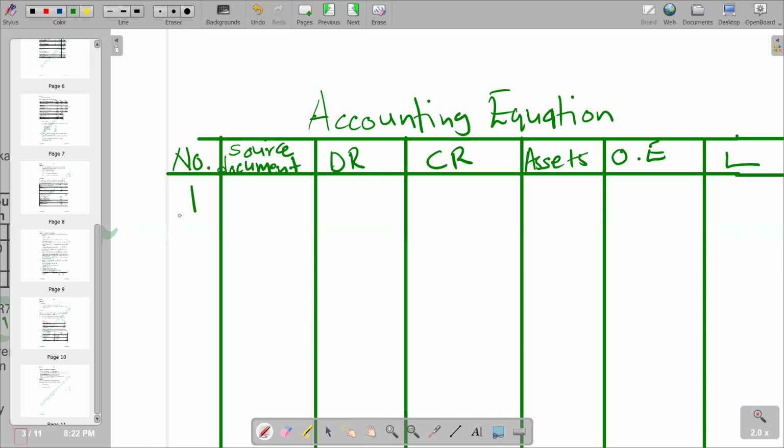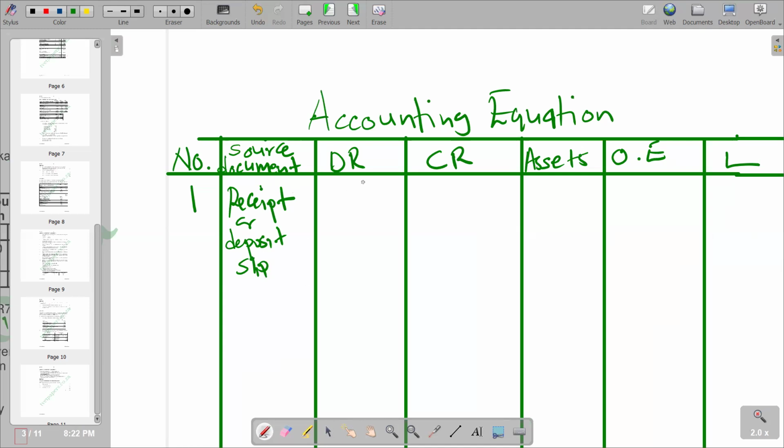So obviously we are going to have a receipt as a source document. Or it can come as a deposit slip, as it is deposited in the bank. So we can say receipt or deposit slip. So this is what we have in terms of source documents.